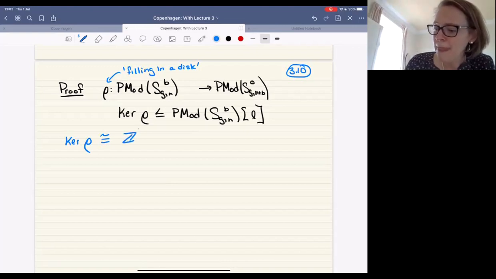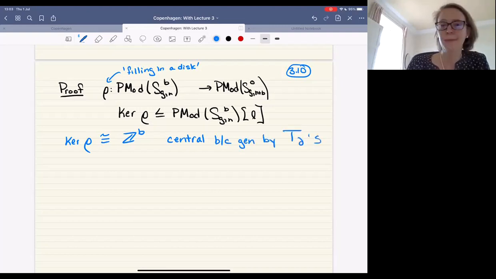And this is central because it's generated by these twists around boundary components. And this kernel is contained in these congruence subgroups for every level because we're acting trivially on the homology.